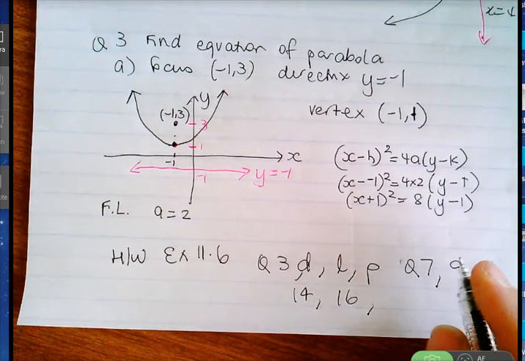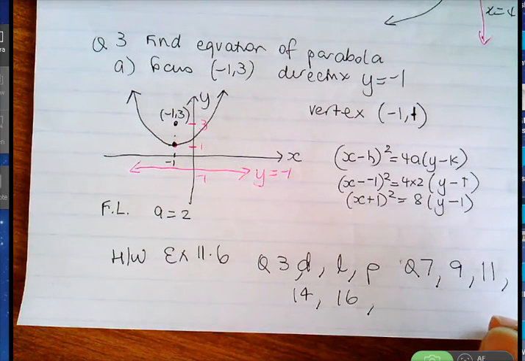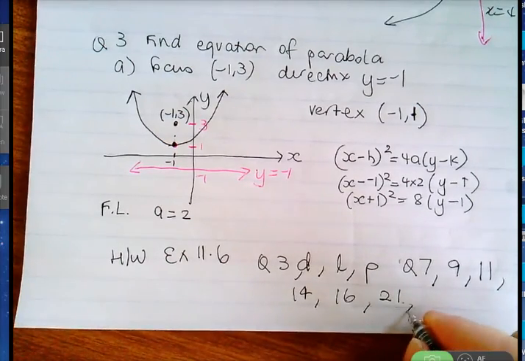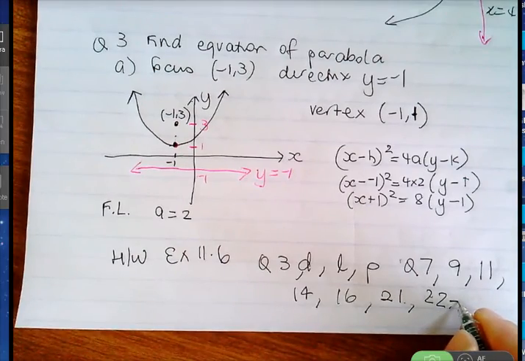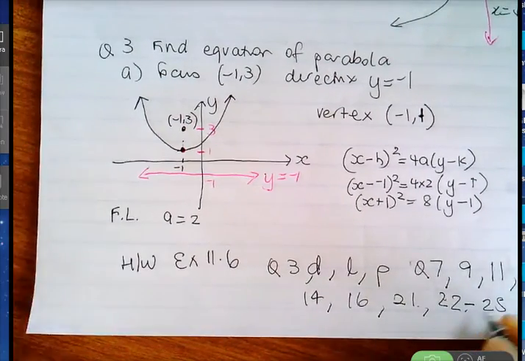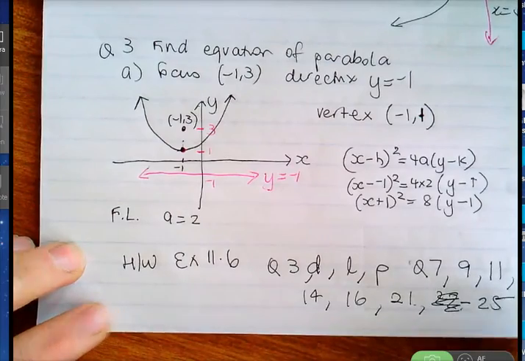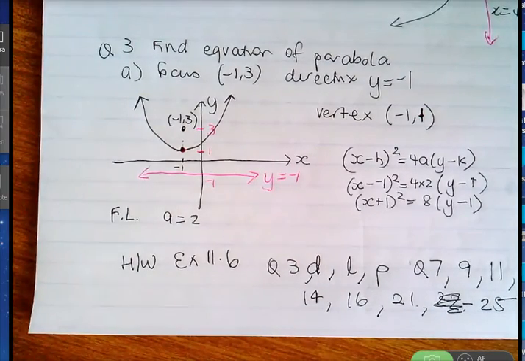Tomorrow we'll, oh no, 21, 22 to the end. 21 to 25. All right, we need to look at those parabolic satellite dishes. Look, just do those. It doesn't look too bad.